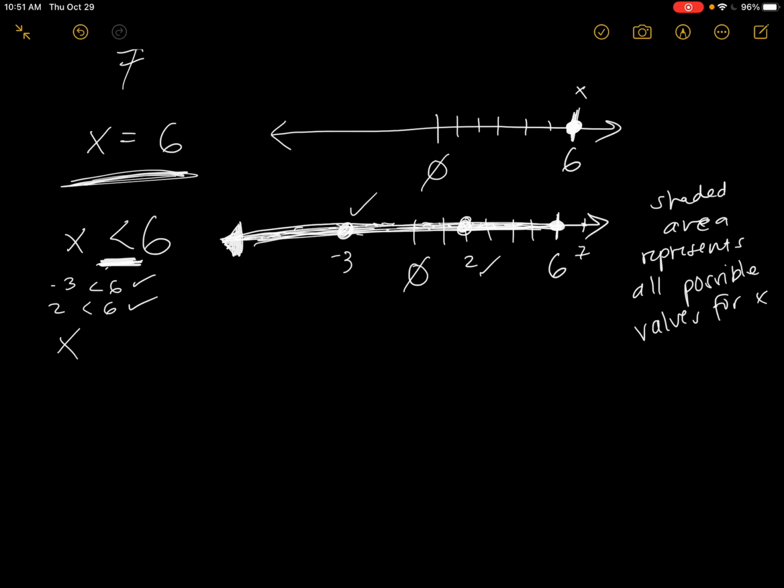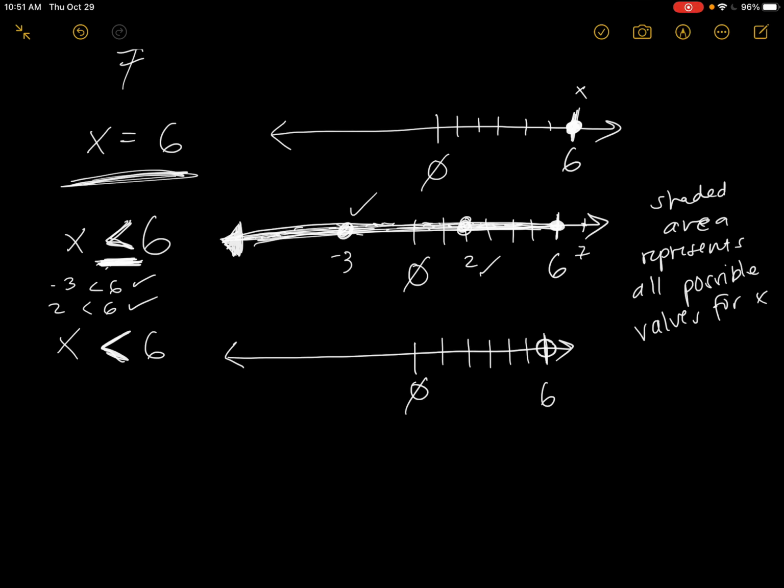Okay. So now, what happens if we don't have that equal? So we had x is equal to 6, x is less than or equal to 6. How about x is just less than 6? That means it cannot equal 6. It can only be less than 6. So the way we do that is we have an open circle.